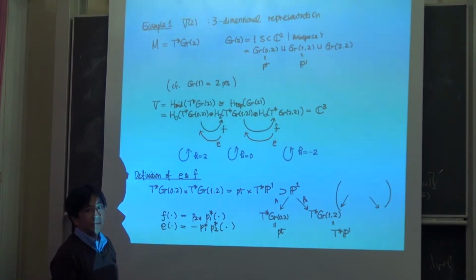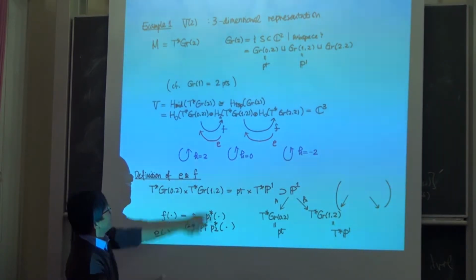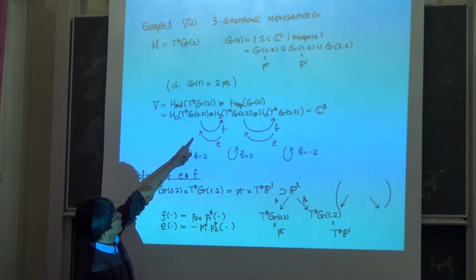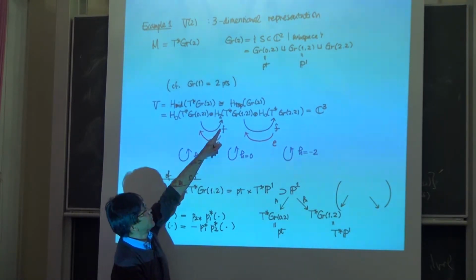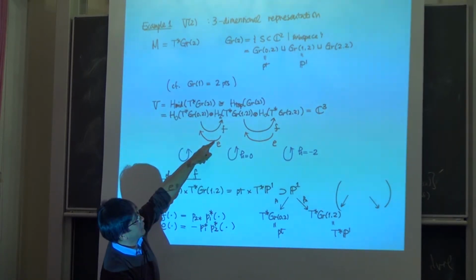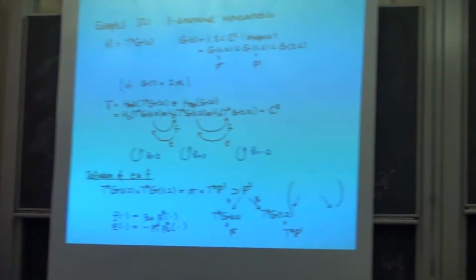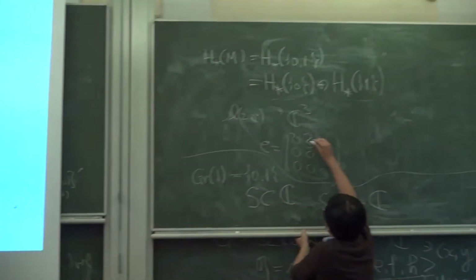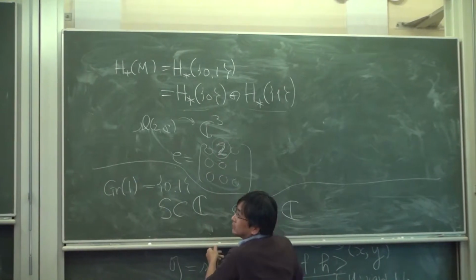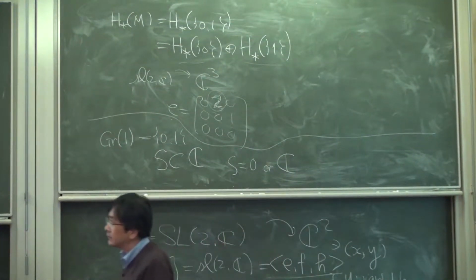So you get a 3-dimensional space. And then I want to construct the operators E and F and H in some geometric way, such that this gives these matrices. In particular, I want to produce this number 2 in a geometric way.